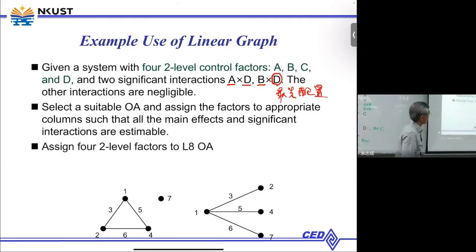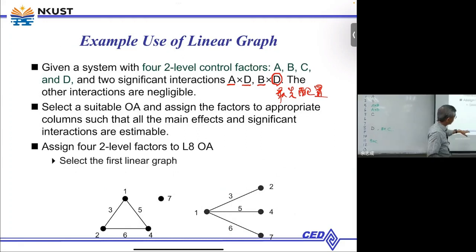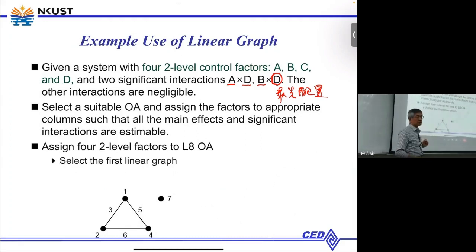For instance, let's select the first linear graph. And let's assign D, because D happened twice in the interaction, to the dot. Here I select dot number 1. Why do I select dot number 1? Because when I select D in dot number 1, we know that there will be two lines connected to factor D. Why do I need two lines to connect to factor D?